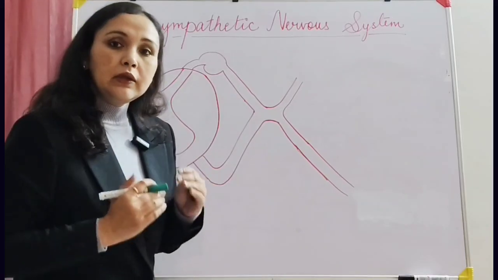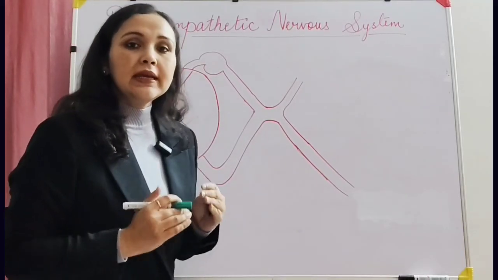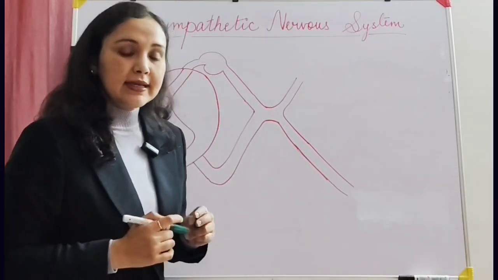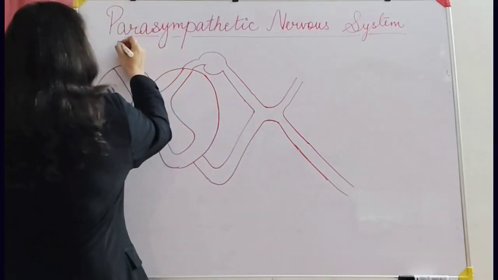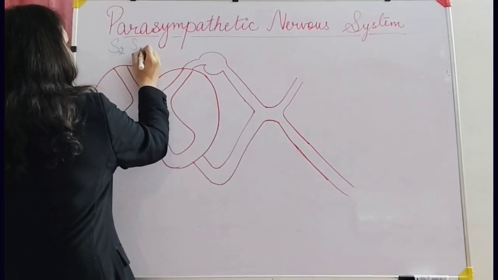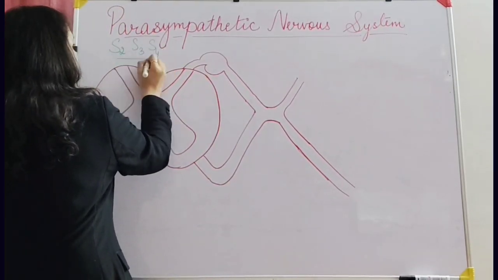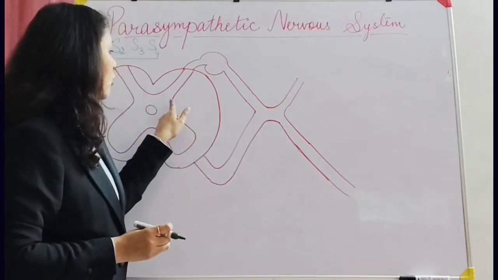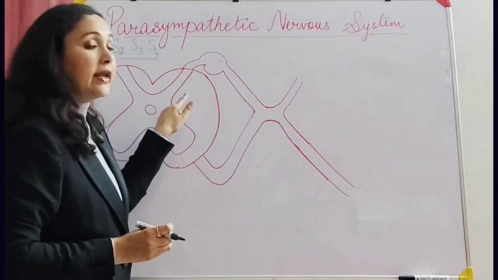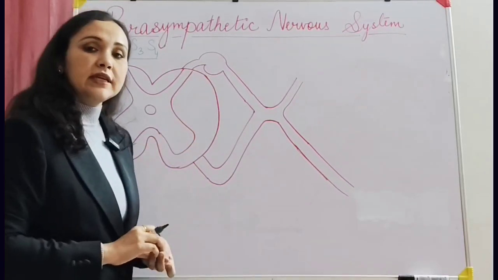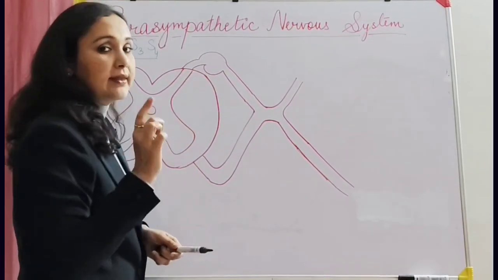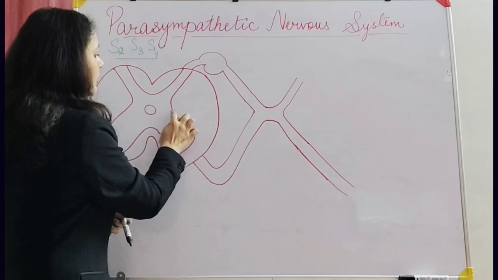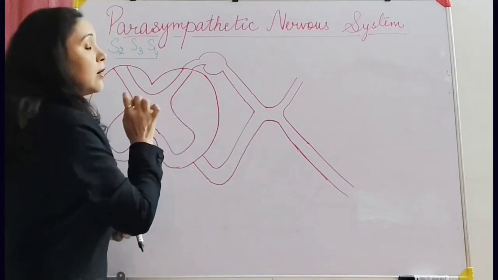Now, the nuclei from which the preganglionic fibers arise are present in the segments S2, S3 and S4. But unlike the sympathetic one, we are not going to make a lateral grey column here. If you have seen my previous video, you must know that for the sympathetic, the nuclei are present in the lateral grey horn.